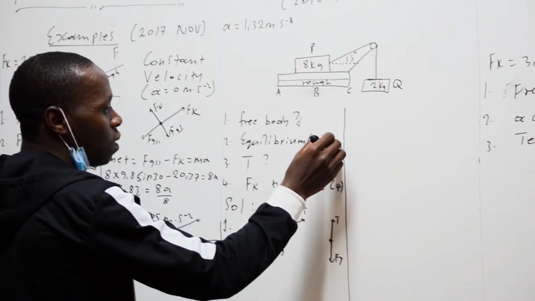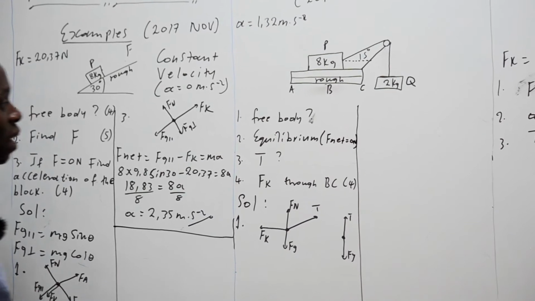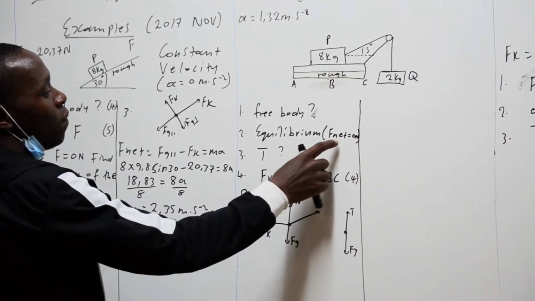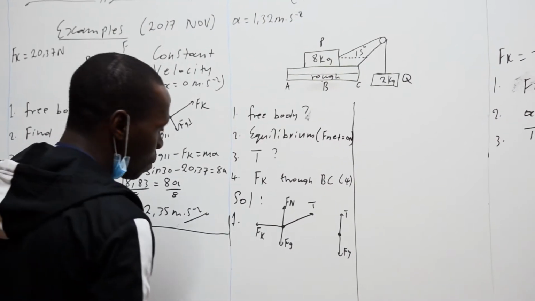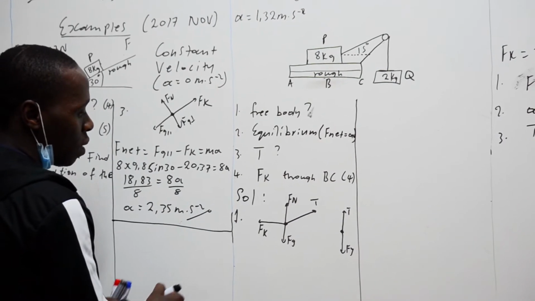Please, this should be in your mind. They will ask you a question, why is the system not in equilibrium? You should know equilibrium happens when F net is 0 Newton. That's the case. So this is free body diagram number 1.